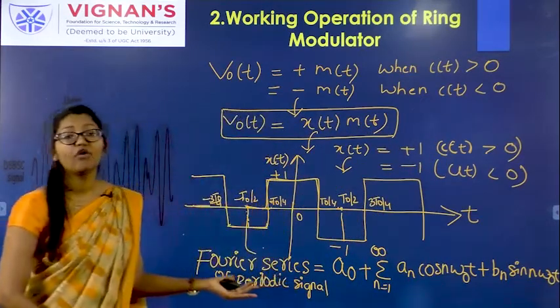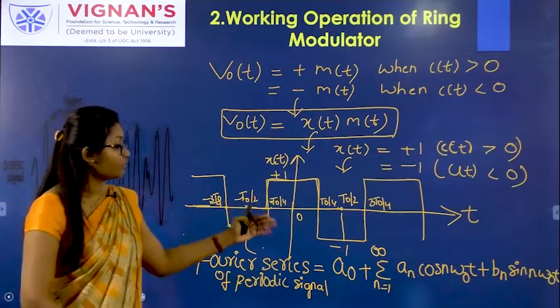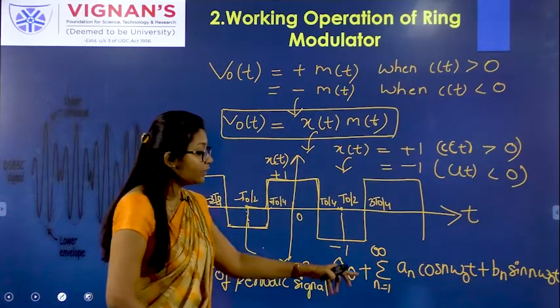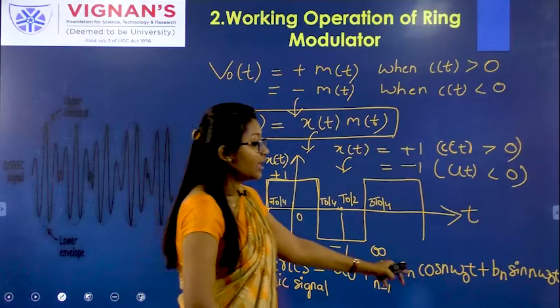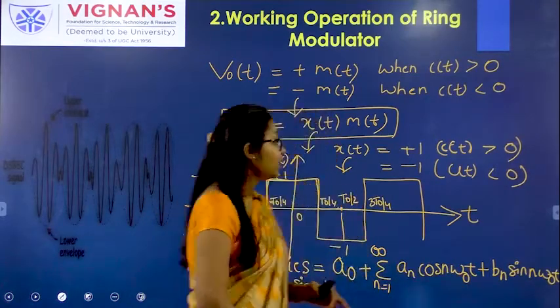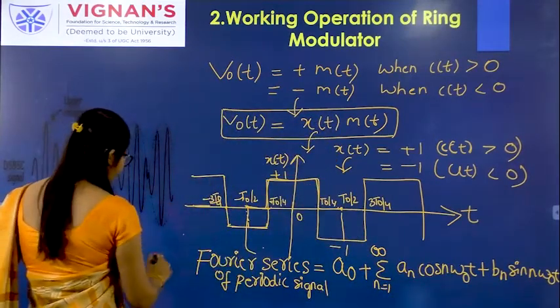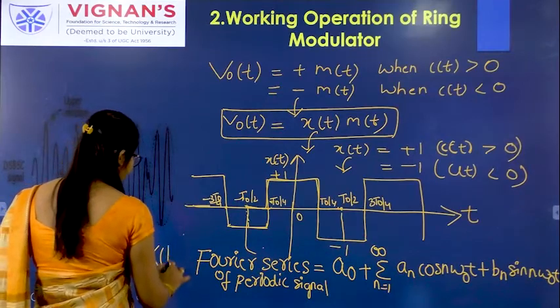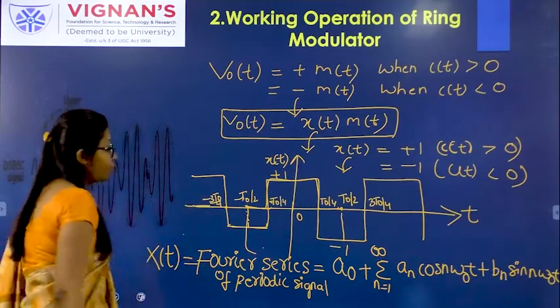This is the Fourier representation of a periodic waveform. This is x of t, which we are considering as a periodic waveform.